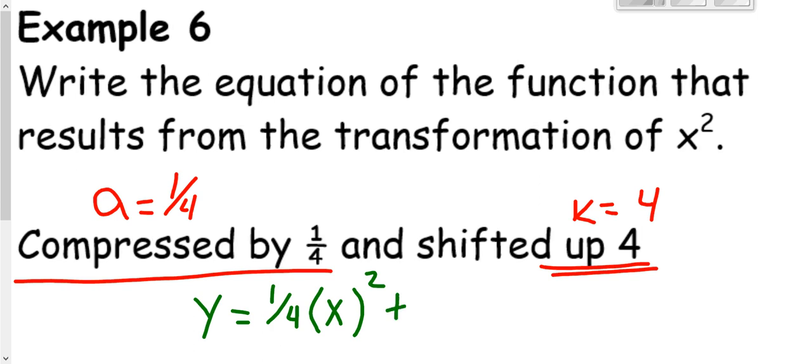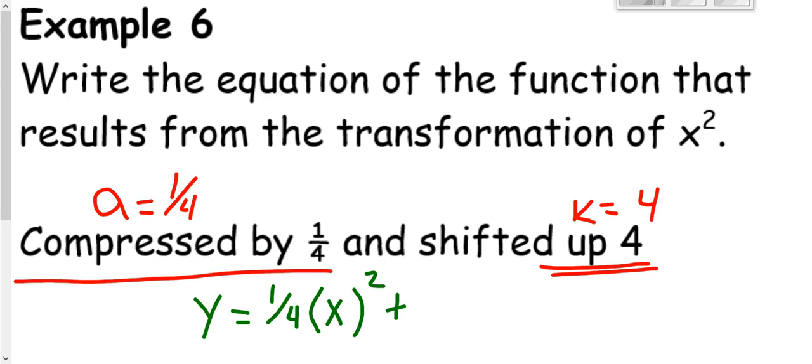It will be a plus 4 because your k value does not lie. It tells the truth. And that would be my equation. This one could also be written as y equals 1/4 x squared plus 4 without the parentheses. The parentheses would be implied at that point.